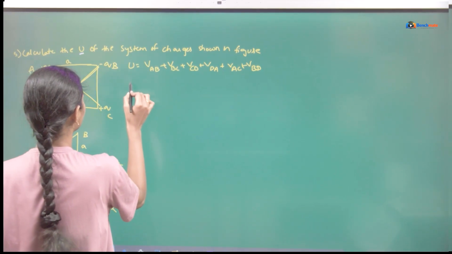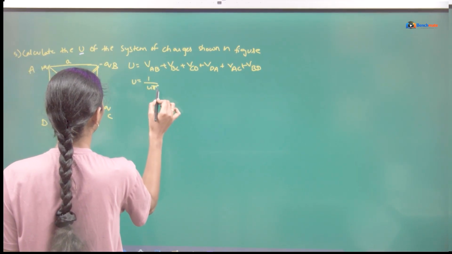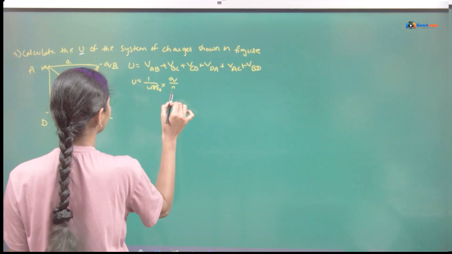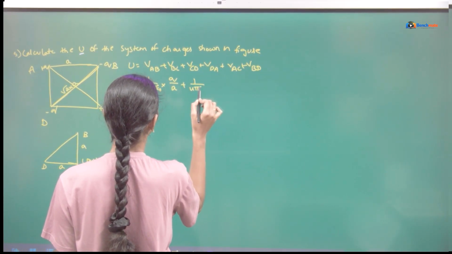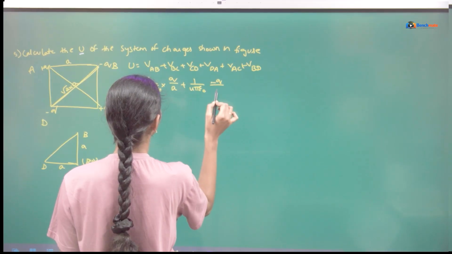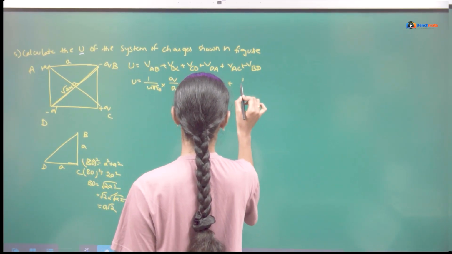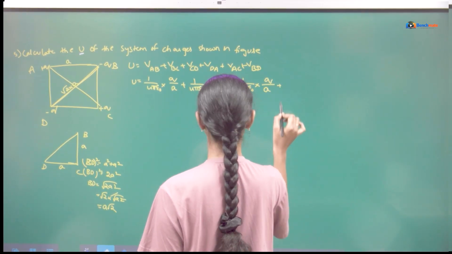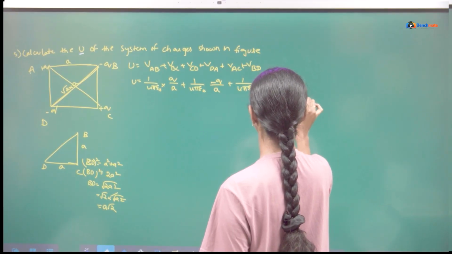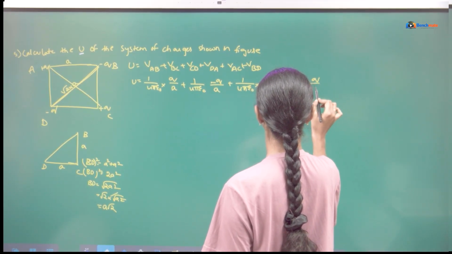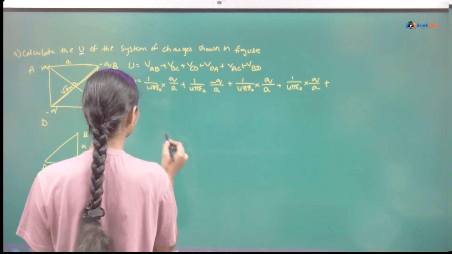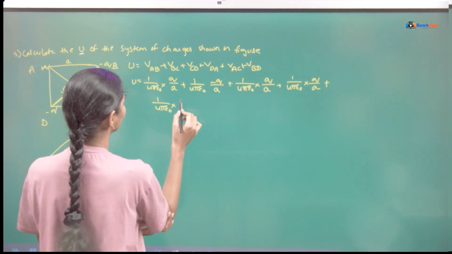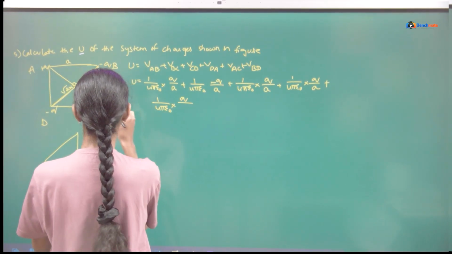So now U is equal to 1 by 4 pi epsilon naught, and which charge is there? Plus charge Q by A, since the distance A to B is A. Next, 1 by 4 pi epsilon naught, B minus Q, distance A. Next CD, 1 by 4 pi epsilon naught, charge Q, distance A. Next at D, 1 by 4 pi epsilon naught, charge Q, distance A, plus VAC, 1 by 4 pi epsilon naught, charge positive only, by the distance.